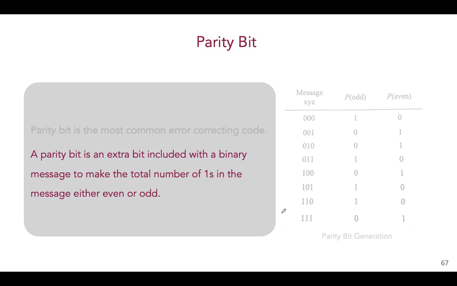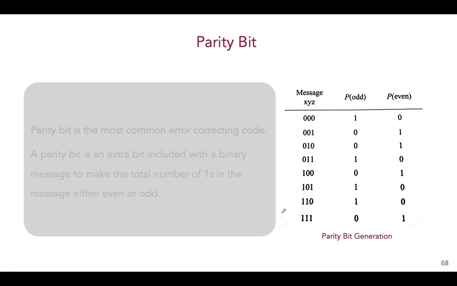The additional bit is called the parity bit, and the way it works is, it makes the number of ones in your message, the ones, not the zeros, either even or odd. So this is how it works. Suppose we have a 3-bit long message, 000. If we're talking about odd parity, then you add a 1 to it. If the message is 0001, it has an odd number of ones, right? So with odd parity, we add a 1. With even parity, we add a 0.